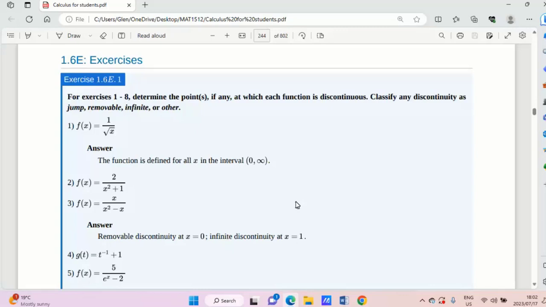If we've got 1 plus t over t, then t over t at 0 is 0. No, t over t at 0 is 1, so it's continuous everywhere.